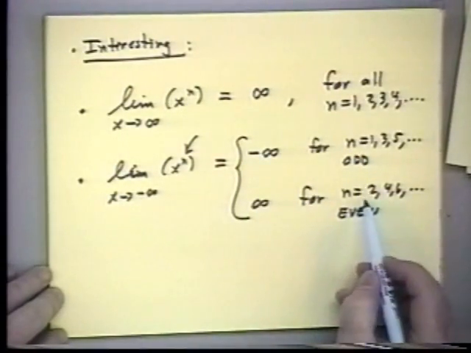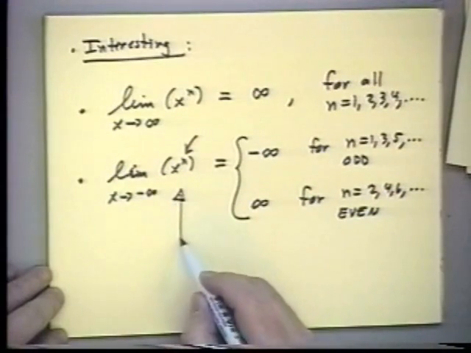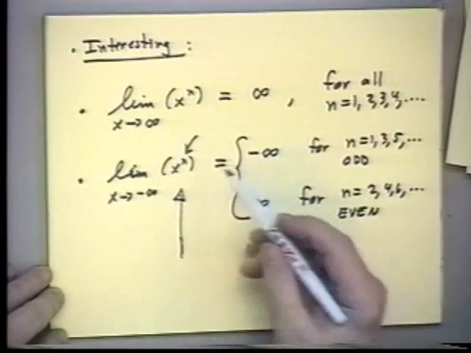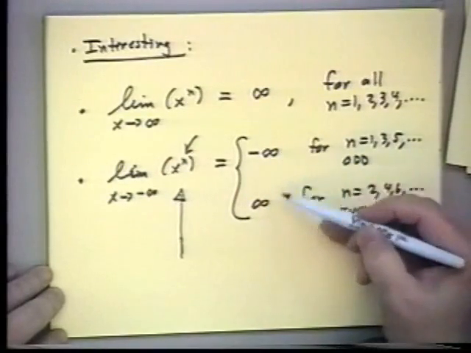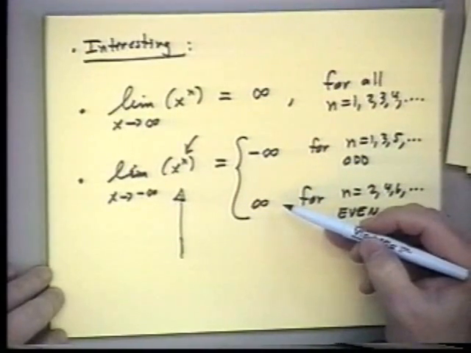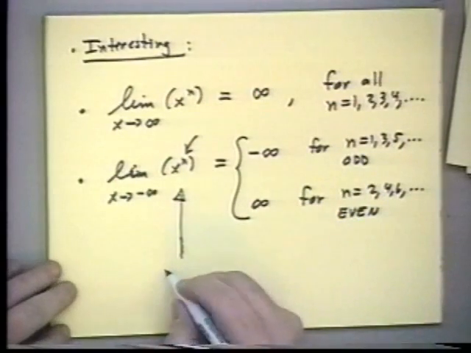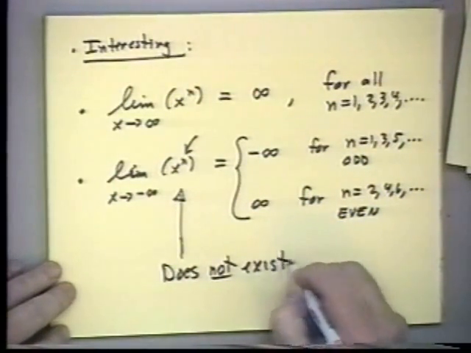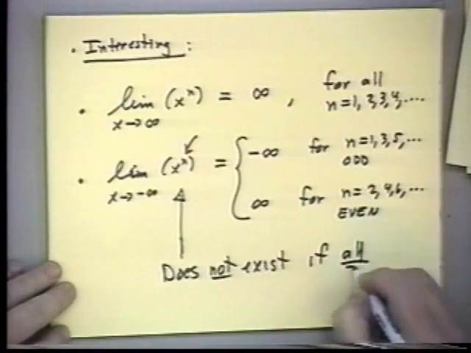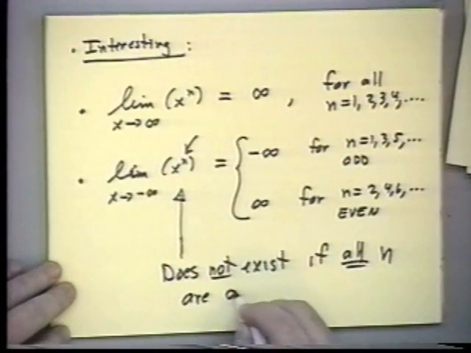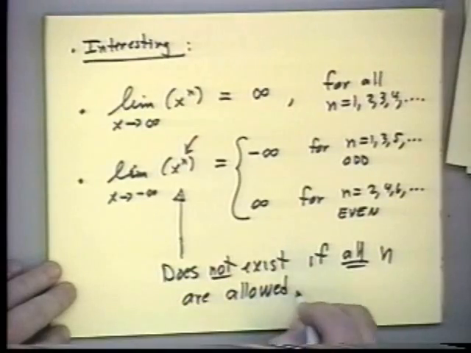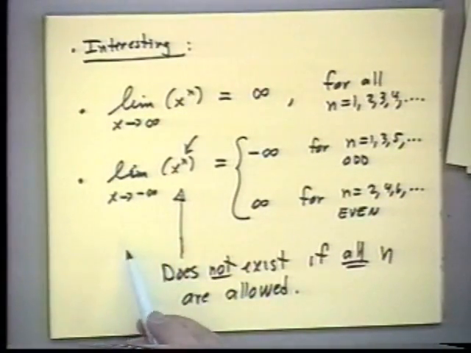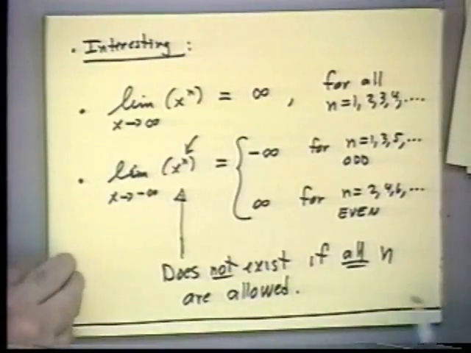So, since it alternates depending on the n, what would you say about this limit if I talked about this limit and mentioned all of the n's? Then you would have a limit that oscillates between two values, which means it does not exist, if all n are allowed. So, you have to be careful when you're going to negative infinity. That is the lesson here.